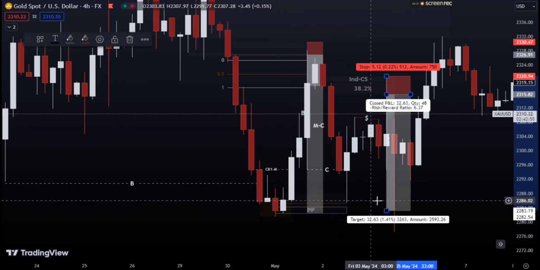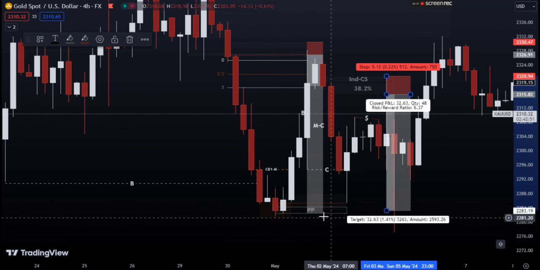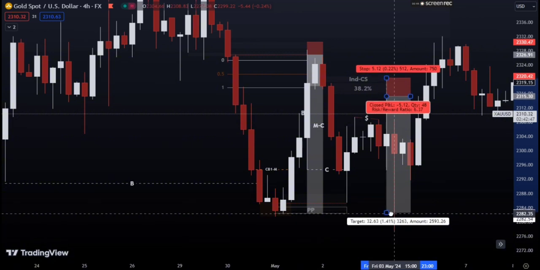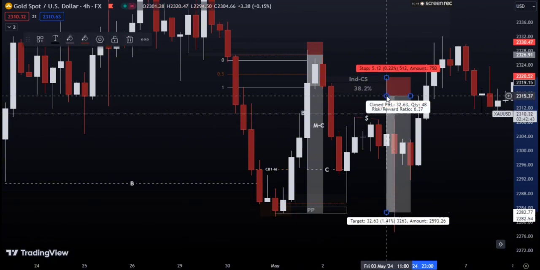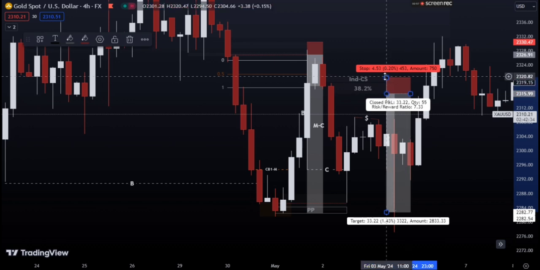I'll leave it like that. Here it is on a 4-hour chart, which is going to be momentum based, so I can just put it there, because it might not make sense if the higher time frame take profit comes before the smaller time frame take profit. Good.